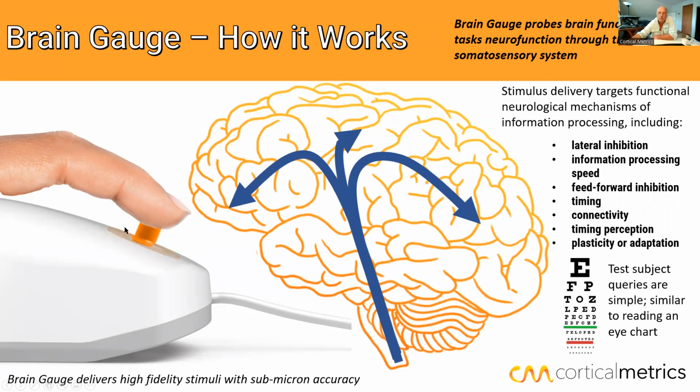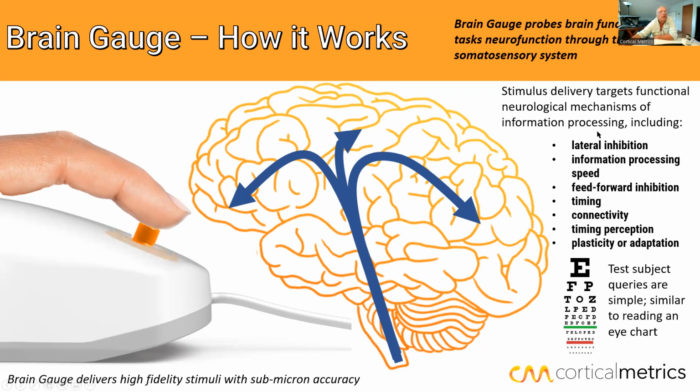The patterns of stimuli that go to these fingers can be quite complex. However, the questions we ask whoever's taking the test are quite simple. Which is bigger? Which lasted longer? Which came first?